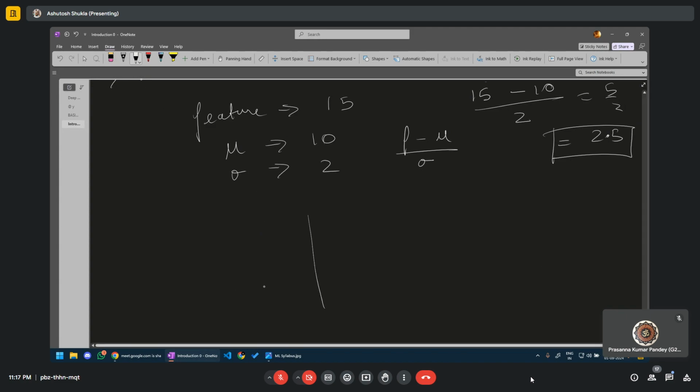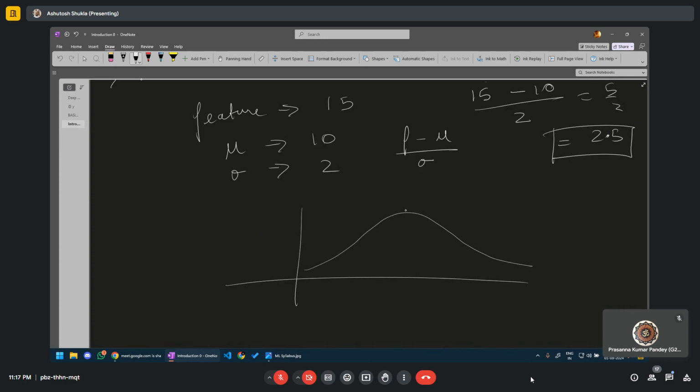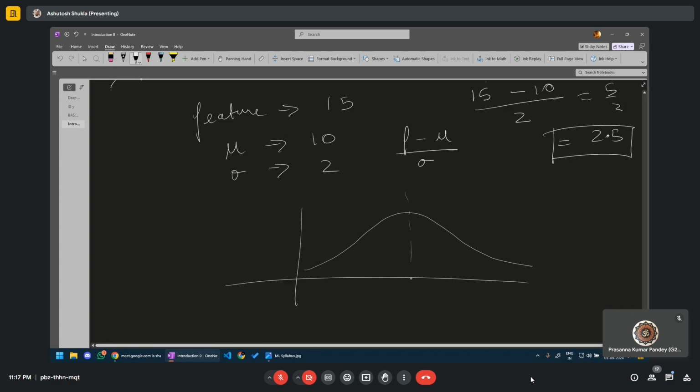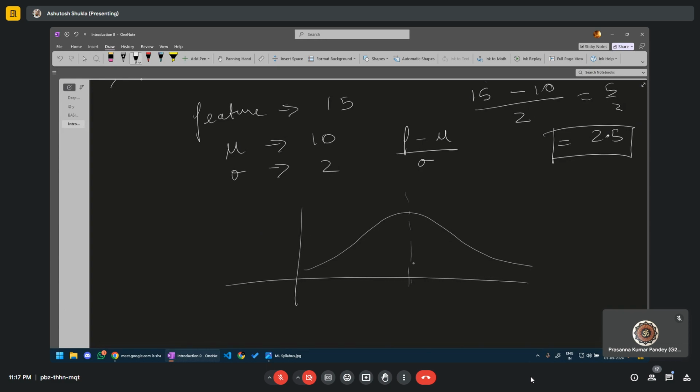To convert it into standard form, right? Kind of, yeah, you do convert it into standard form, but what does it tell you? A z-score of 2.5, how far is my data from the mean? Yes, how far from the mean. It is how many standard deviations away you are from your mean.